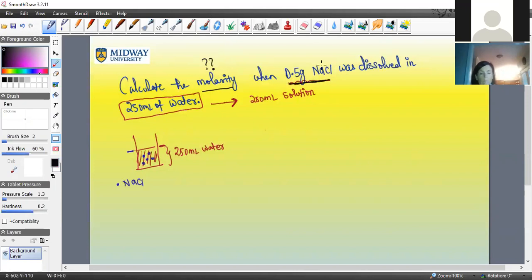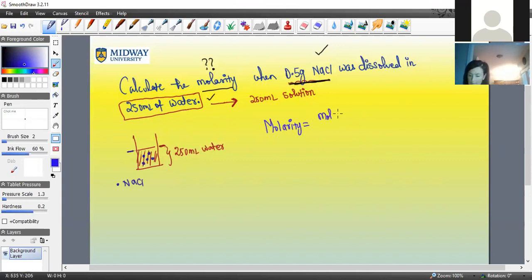This is the first piece of given information and this is the second. So I always start from the question you want to solve. So, molarity: first write the definition. That's the starting point, at least a footstep into the problem.